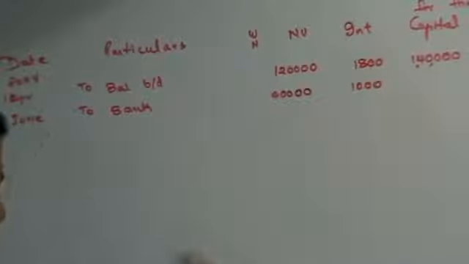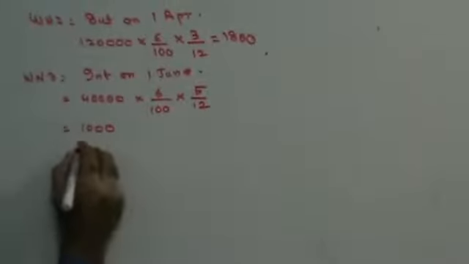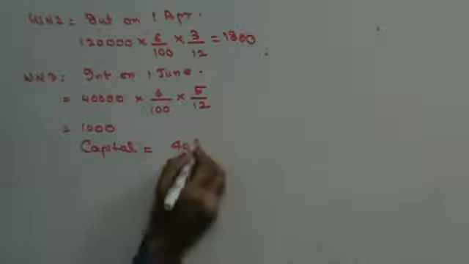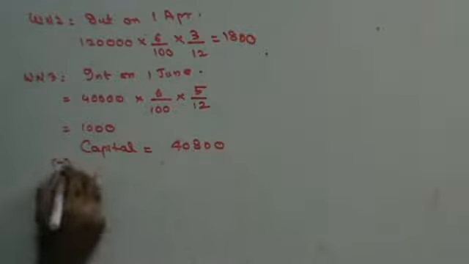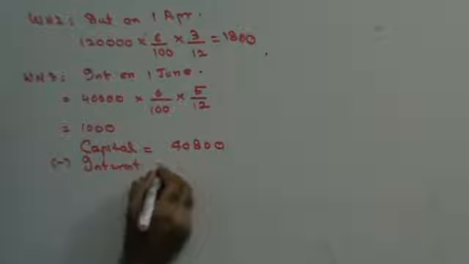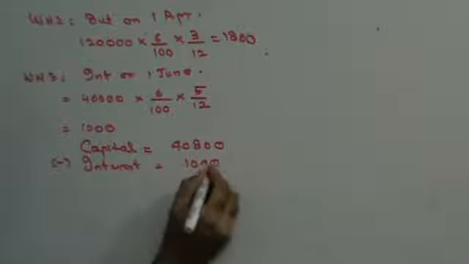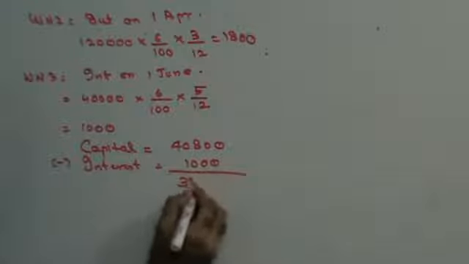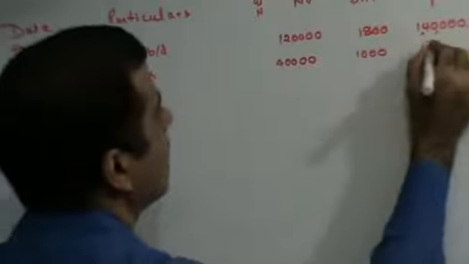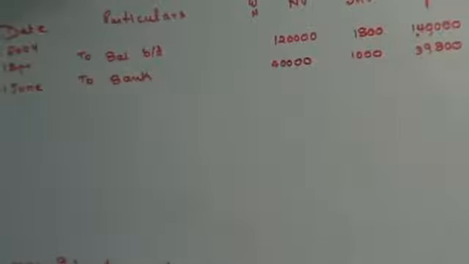Now they are saying that it is purchased cum interest. The capital value is given to you as 40,800. Since it is cum interest, I will have to deduct the interest. Interest we just calculated 1,000, so my capital value becomes 39,800. Fine.